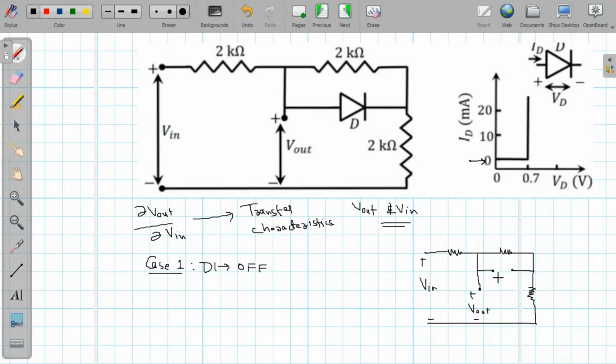So in case of open circuit, no current will flow here, and these resistances are each of 2K. Since the resistances are in series, so the voltage across each of these resistance will be same. So we can say there will be V in by 3 voltage drop across each of these resistors.